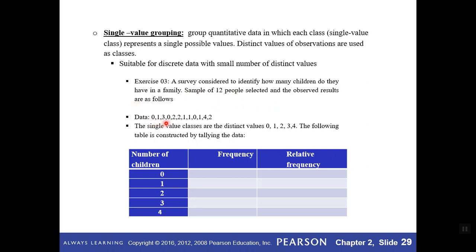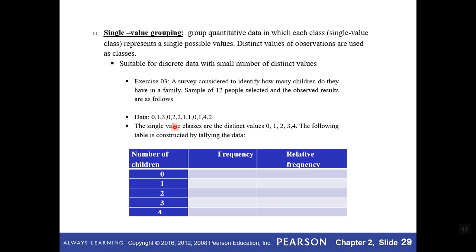0 1 3 0 2 2 1 1 0 1 4 2. In this data set you should be able to identify the distinct values: 0, 1, 2, 3, 4. There are no children, 1 child, 2 children, 3 children and 4 children.